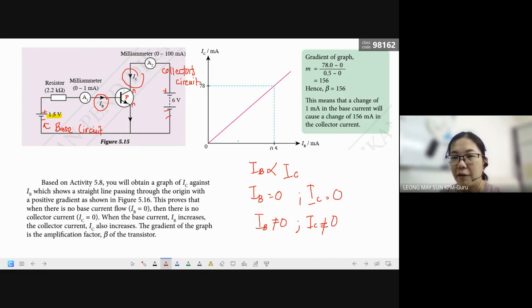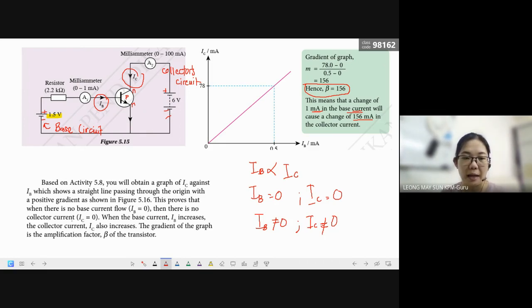The gradient of the graph is found to be 156, which is the magnification. This means that 1 milliampere at the base will cause the collector current to change by 156 milliamperes. This is what the graph is talking about.